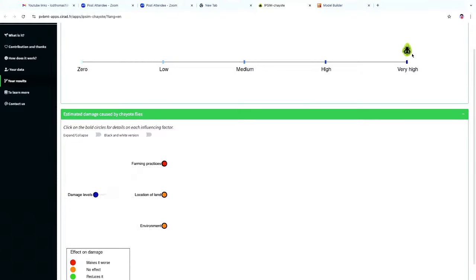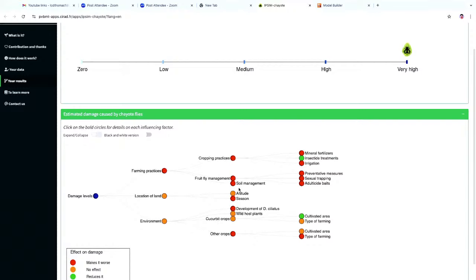Here you have the output. In the situation that we modeled, we have a very high level of infestation with fruit fly. Here, we have bad farming practices, medium location of land and medium environment. You can better understand if you develop the tree, and you can understand what's going on in your farm with a level of control of flies.